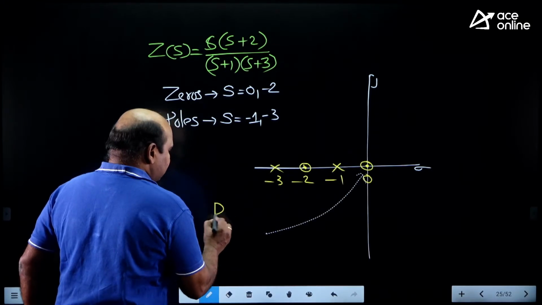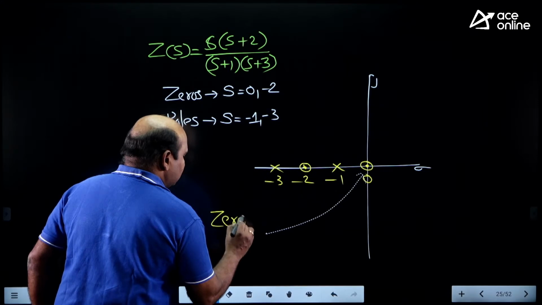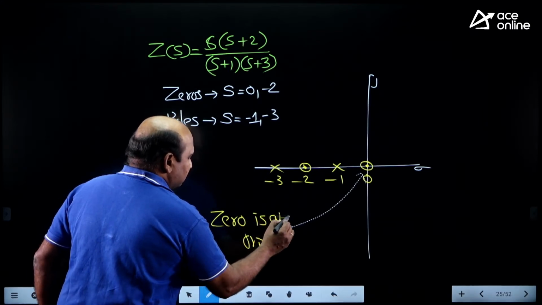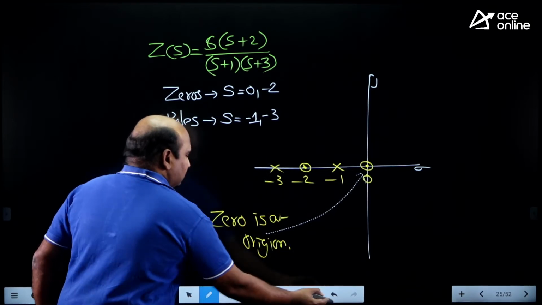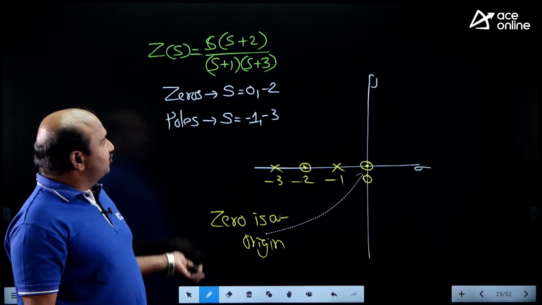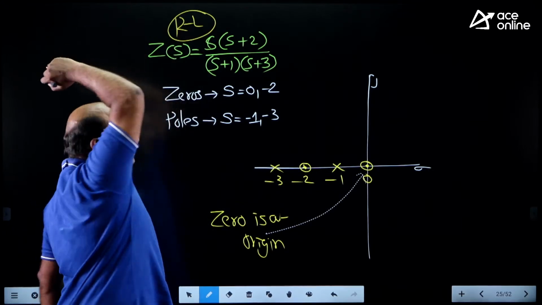This is what I can take, right? Pole as origin, zero as origin. We can also take like that. This is the function which is related with what? RL driving point impedance function.